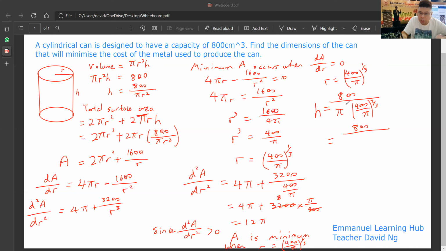This is 3 over 3 minus pi 2/3, right? Divided by pi 2/3, right? So it's pi 1/3. 3 over 3, then this denominator, pi 2/3, right? So it's 1/3. 400 to power 2/3. So this one you can punch in calculator.